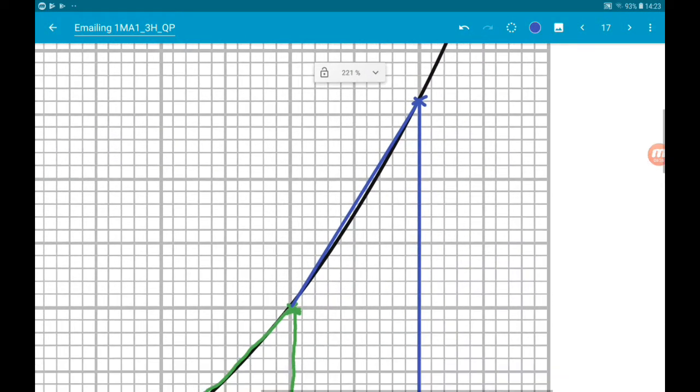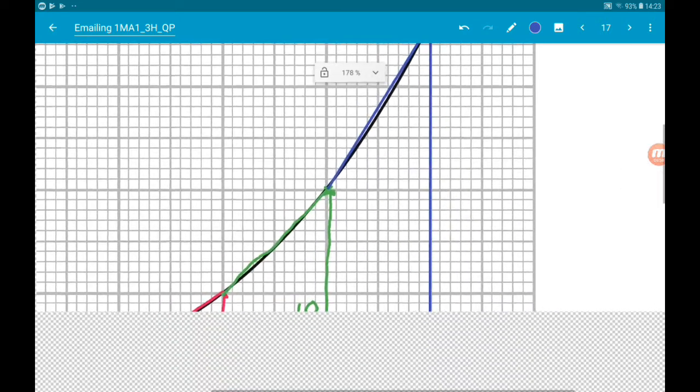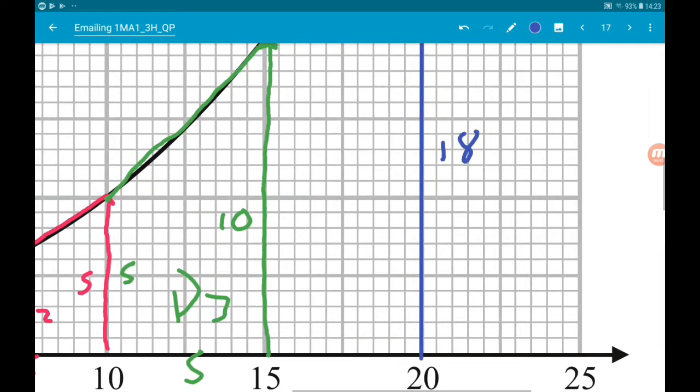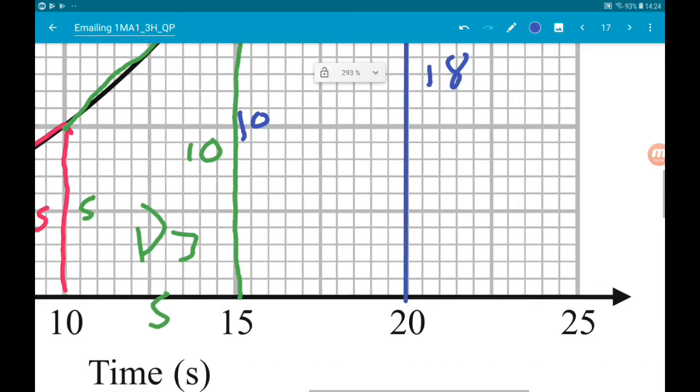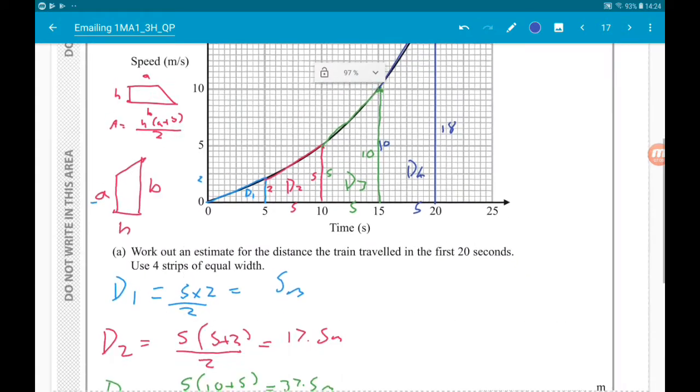Okay, so this trapezium then, not a height, but B is 18. This guy is 10. This guy along the bottom is 5. Got a D4.